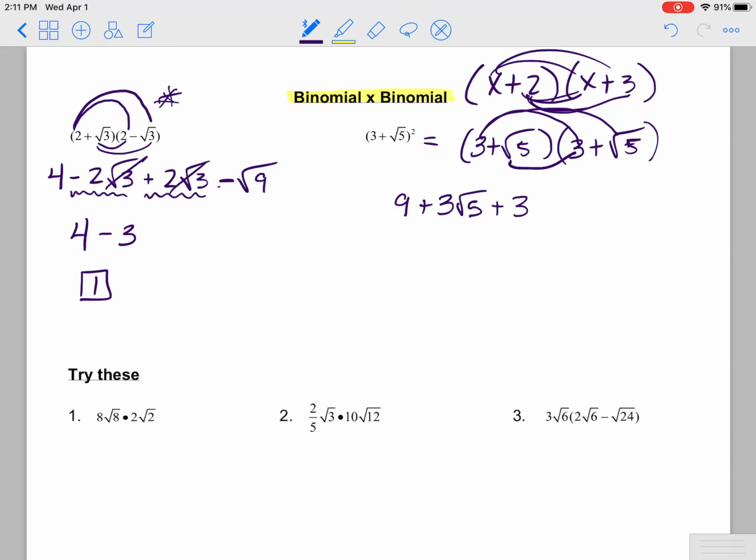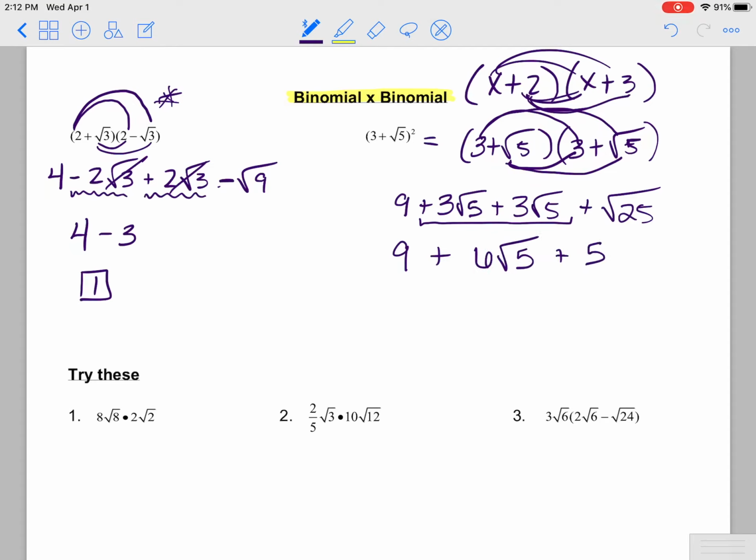Radical 5 times 3, 3 radical 5. Radical 5 times radical 5 is radical 25. Here are my like terms in this case. So positive 3 plus a positive 3 gets me 6 radical 5, plus 5. These are my like terms. So I have 14 plus 6 radical 5.